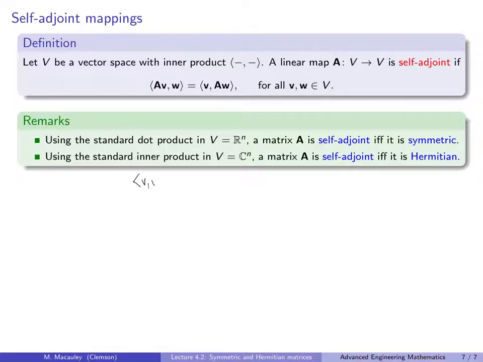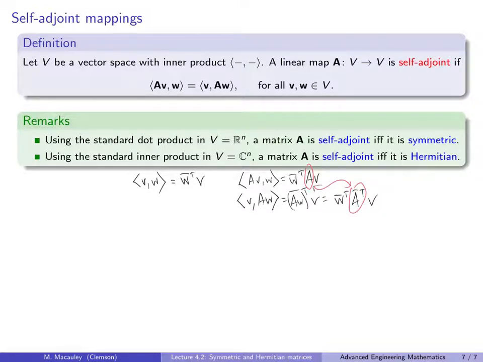Remember that V dot W in a complex space is W conjugate transpose V. So here, if we do AV dot W, we get W conjugate transpose AV, and compare that to V dot AW, which is AW conjugate transpose V, which is W conjugate transpose A conjugate transpose V. And so once again, these things are going to be the same for all V and W if and only if A and A conjugate transpose are equal.